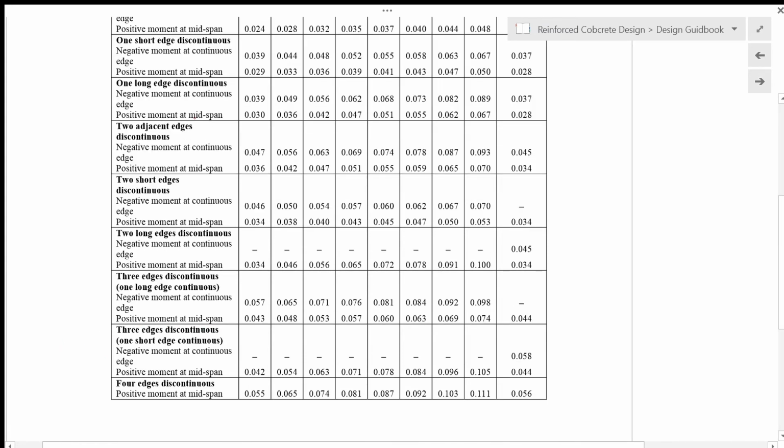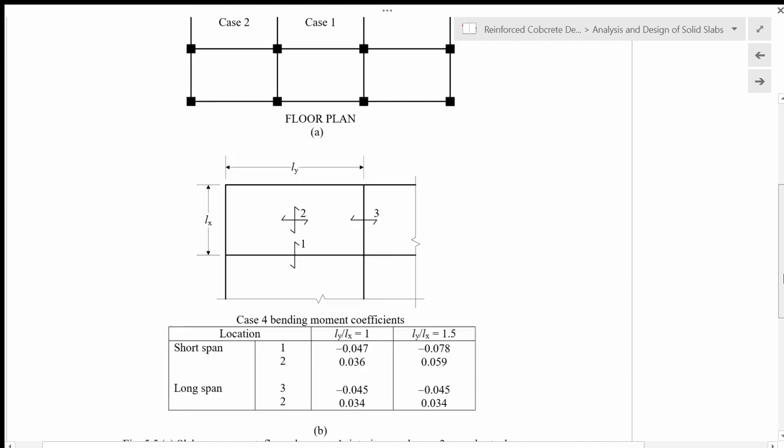The other 5 support conditions are two short edges discontinuous, two long edges discontinuous, three edges discontinuous with one long edge continuous, three edges discontinuous with only one short edge continuous, and then the final support condition is four edges discontinuous.